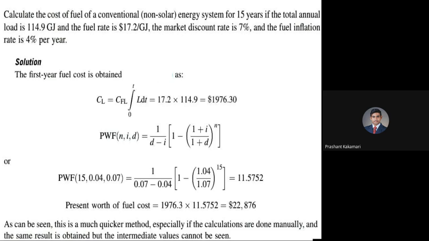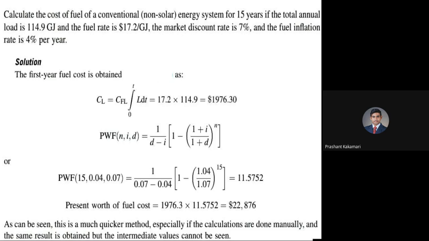If the total annual load is 114.9 gigajoules. Giga means 10 raised to 9. 114.9 into 10 raised to 9 joules is the total annual load.